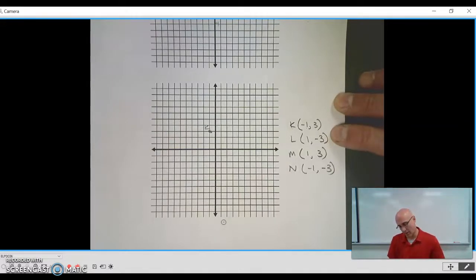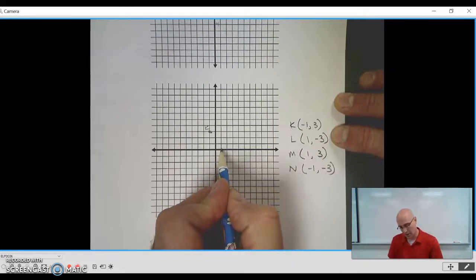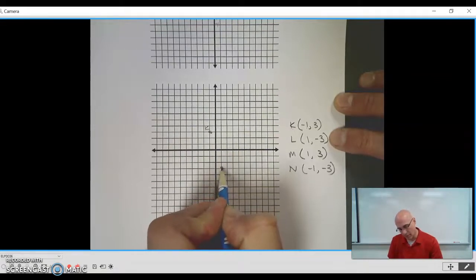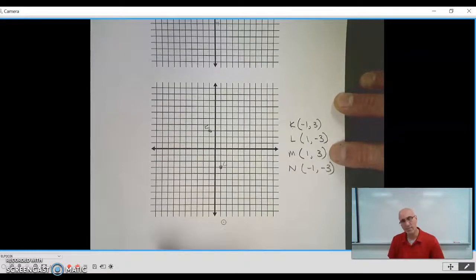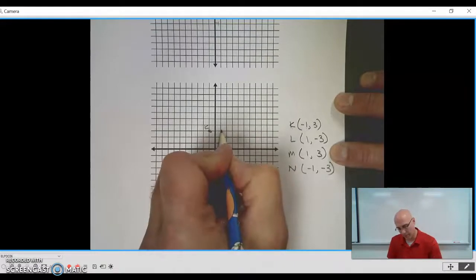Now let's do L. We are going to go 1 in the positive direction, and then negative 3 in the y. So that means we go down. 1, 2, 3. And right there is point L. M, we're going to go 1, 3. So we go 1 in the positive, and then 3 in the positive. 1, 2, 3.